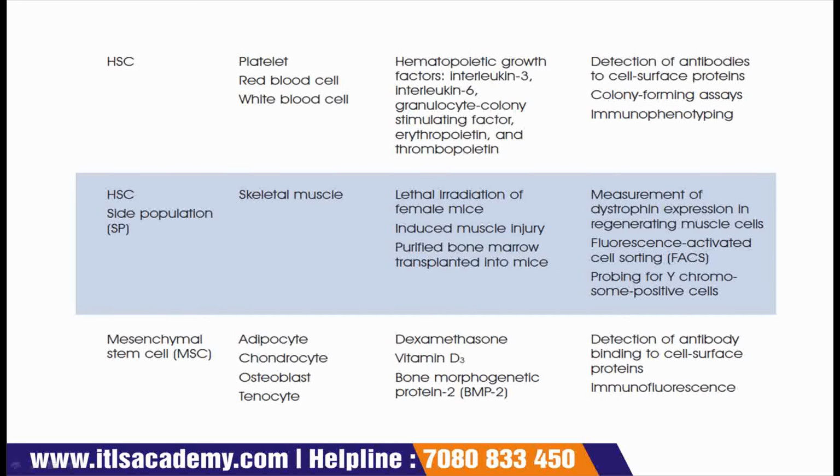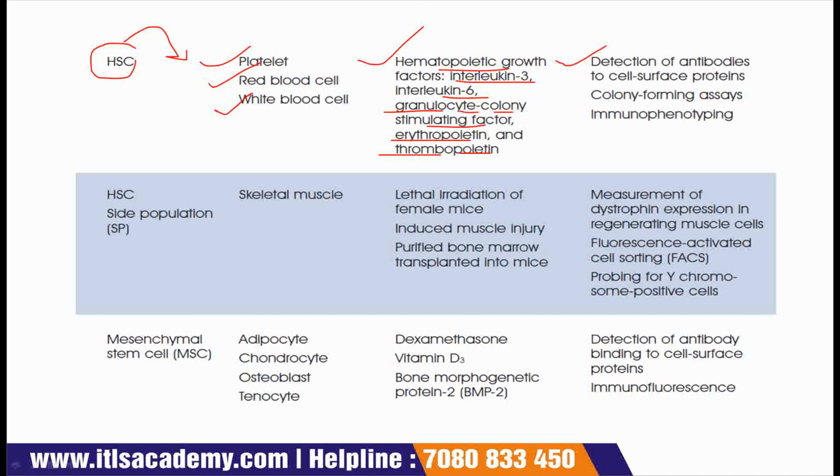Next, cells that are derived from hematopoietic stem cells are platelets, red blood cells, and white blood cells. These are the main cells that are formed by the hematopoietic stem cells in normal conditions. Conditions for development will be hematopoietic growth factors, interleukin 3, that is IL-3, and IL-6, granulocyte colony stimulating factors, erythropoietin and thrombopoietin.